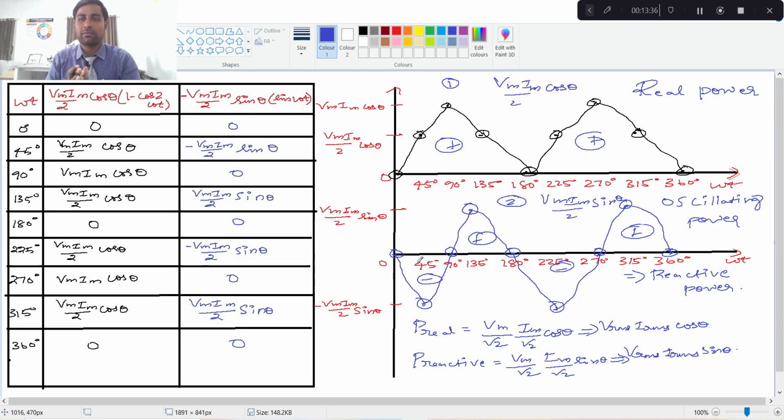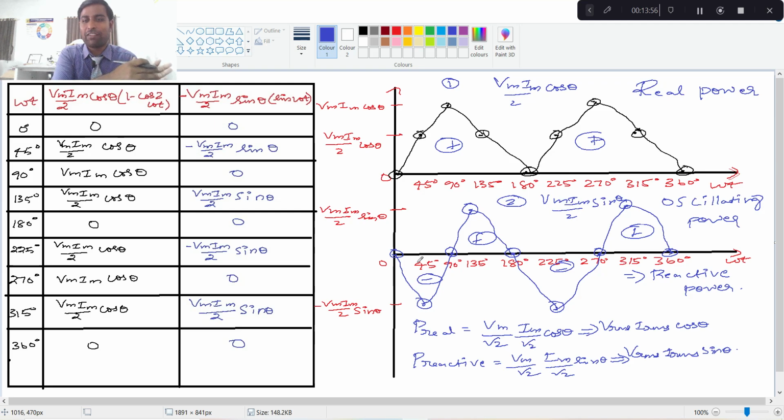And so many students make a mistake here. They think whatever power is coming from load to source is only reactive power. No, it is not like that. Whatever power oscillates between source and load, we call it reactive power. You have to remember this very clearly.